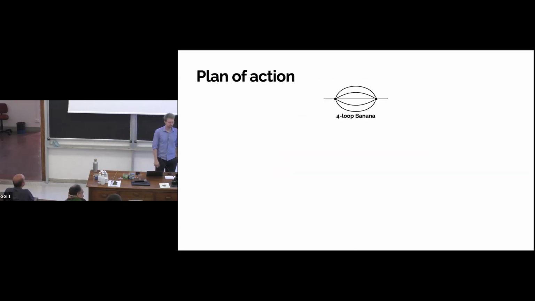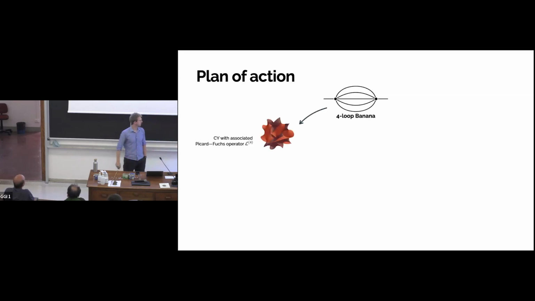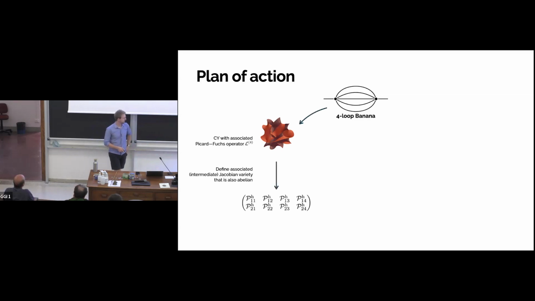So the plan of action we are following: we start out with this four-loop banana integral. We find the typical picture, a Calabi-Yau with an associated Picard-Fuchs operator, a high degree differential operator of degree 4. Now, one of the non-trivial steps is that we want to perform the matching of geometries on the level of periods.